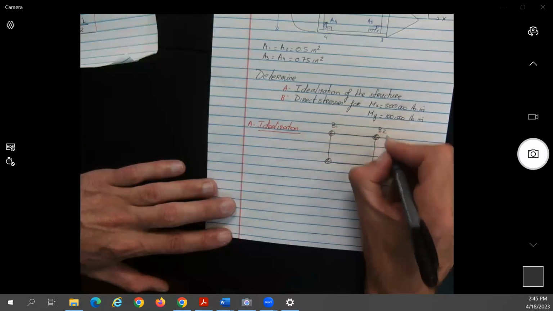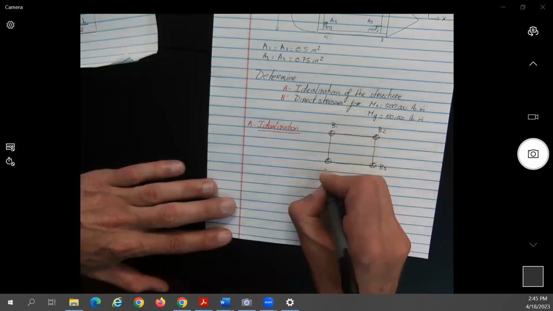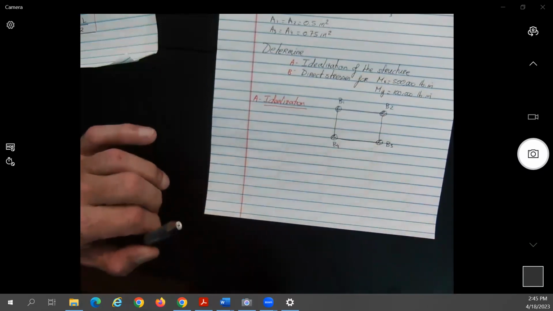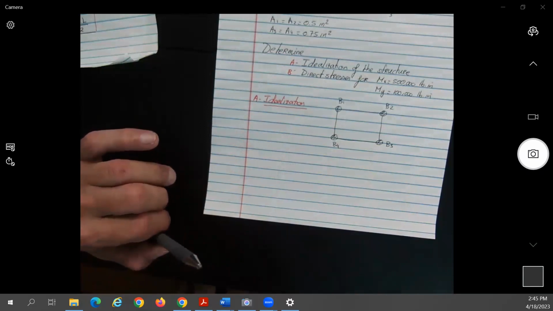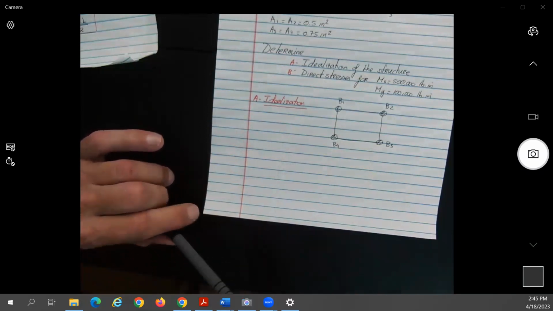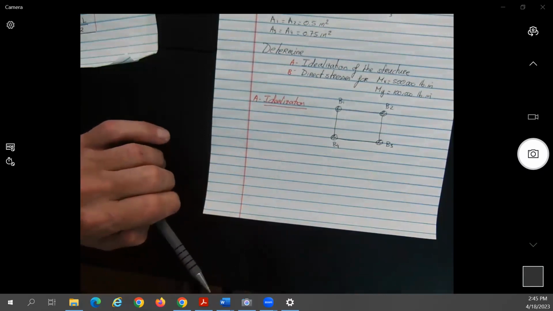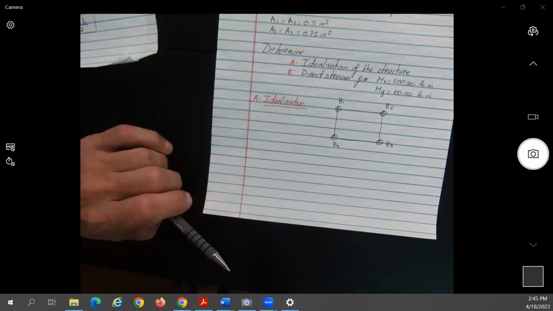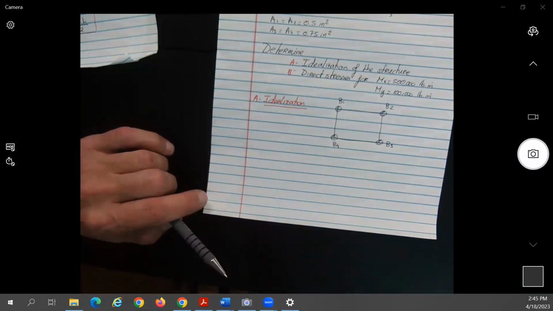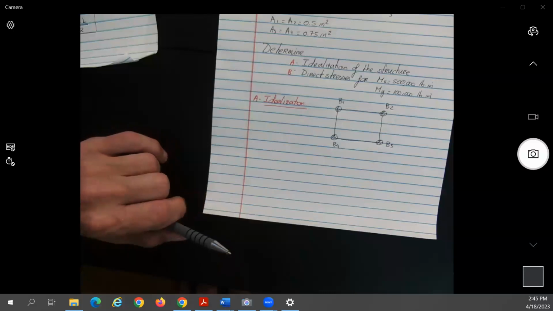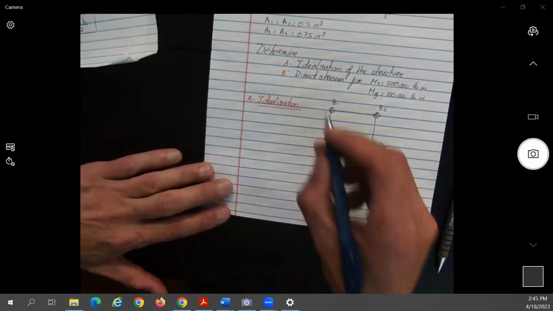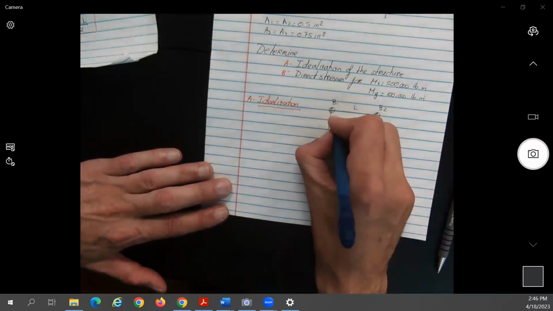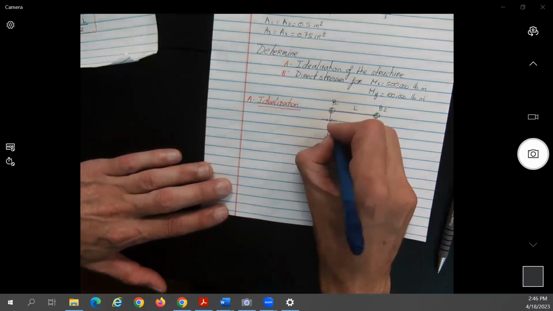B1, B2, B3, B4. All right, let's put some values. So we have here, this will be L, this will be H, and one will be a thickness T, but that will probably be ignored.